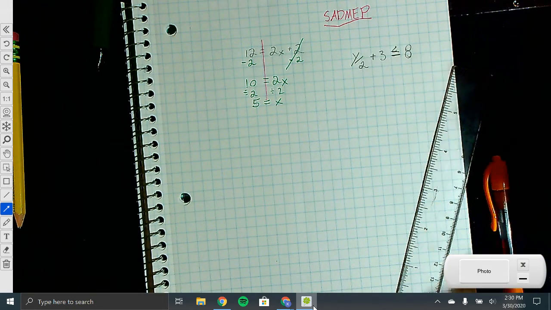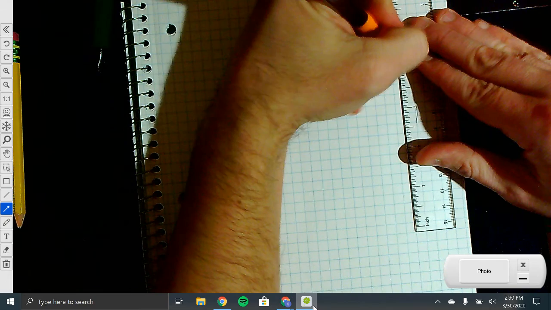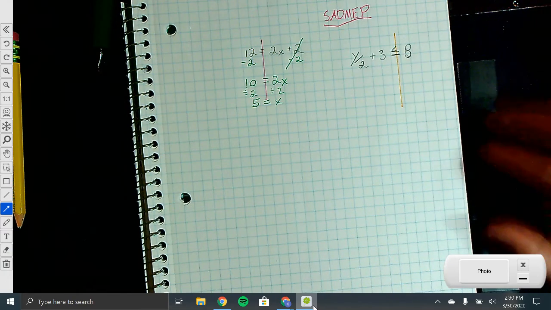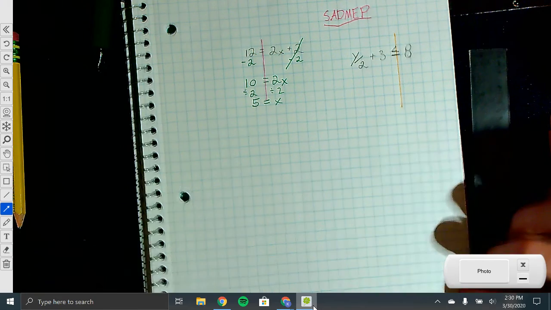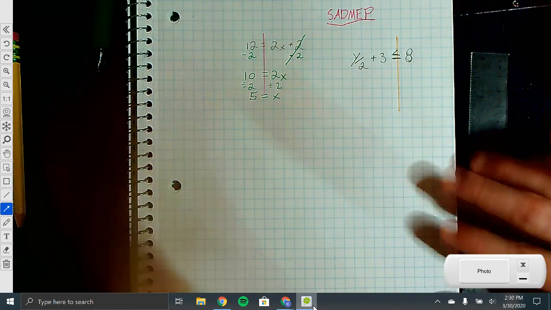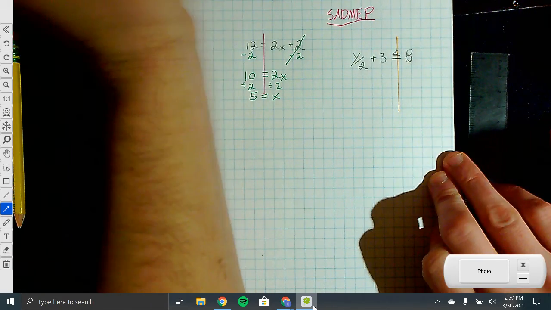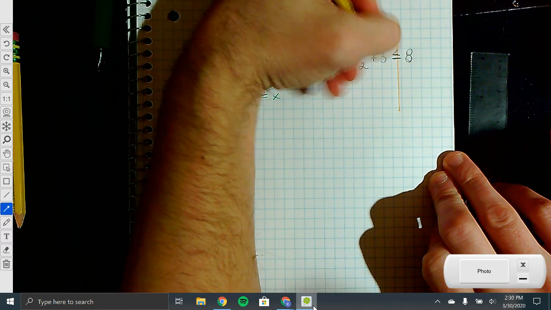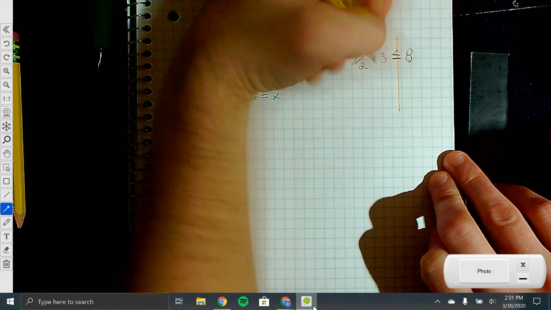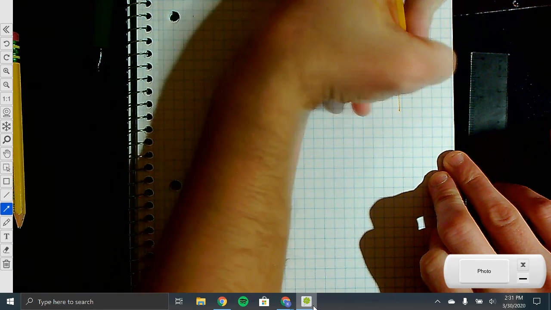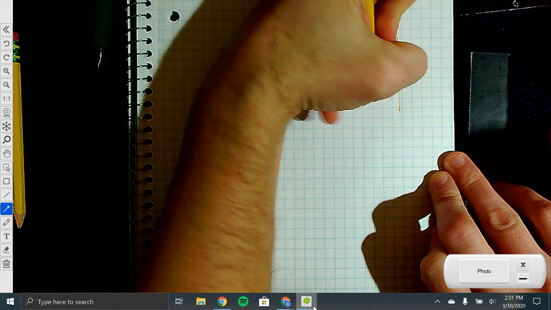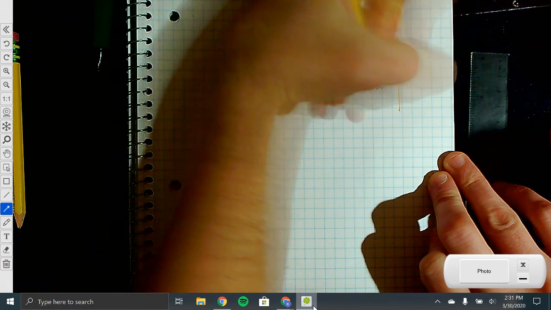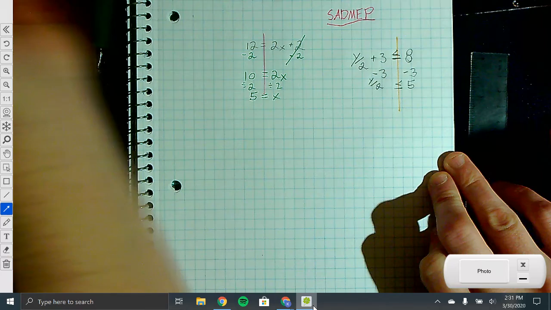In this case, you still can draw your segment down through the inequality, and we want to go through the process to isolate the variable. So again, order of operations backward. Instead of addition of 3, we want to get that back to 0, so we would subtract 3 on each side. On the left, we are then left with y divided by 2 is less than or equal to 5.